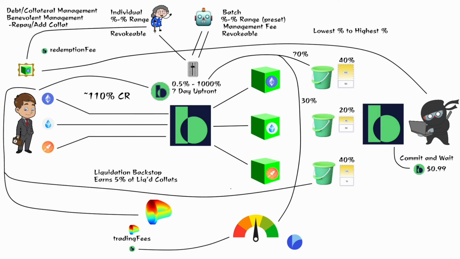Now, the next part is when he redeems. So let's say he wants to redeem 1,000 BOLD tokens for 1,000 dollars worth of collateral. He also has to pay a small redemption fee. I think it's 0.5% or something like this. So he's going to commit that entire amount.